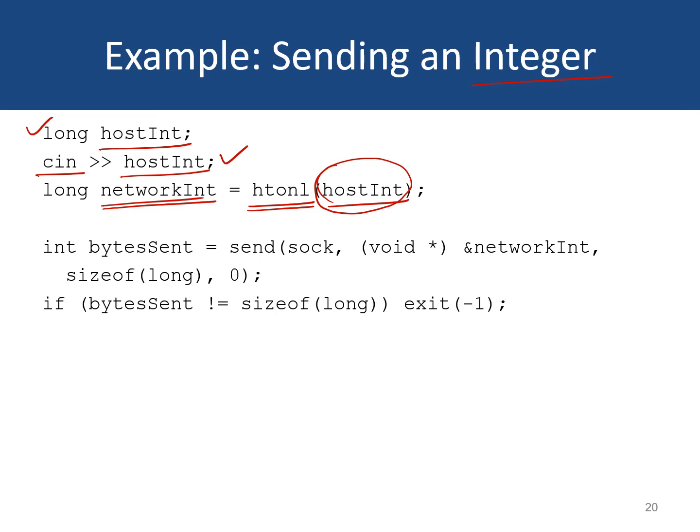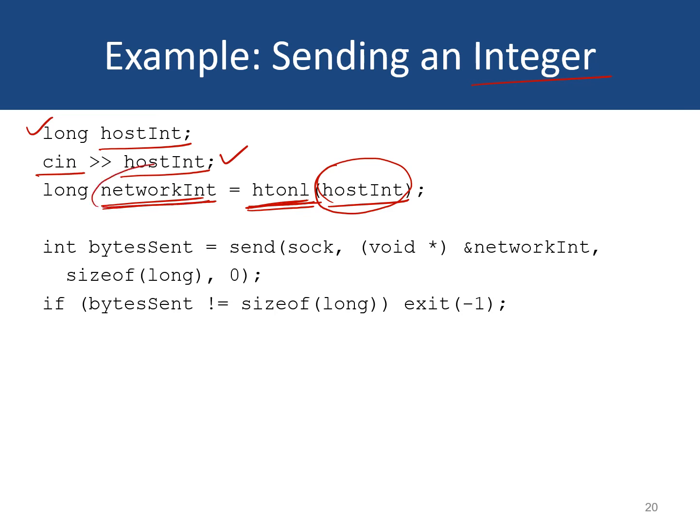However, if the host integer is in a different byte order, then this function will convert the host integer into appropriate network byte order. And therefore, in either case, we can use this host to network long to be sure that the integer which we will be sending over the network is in the network byte order.